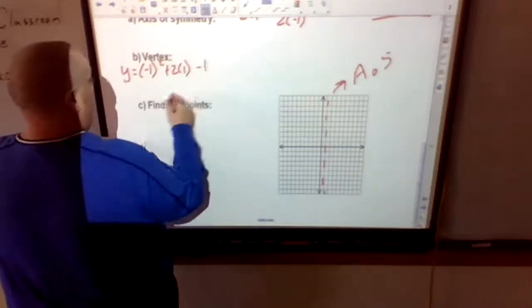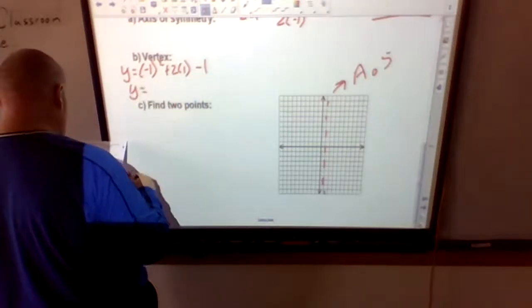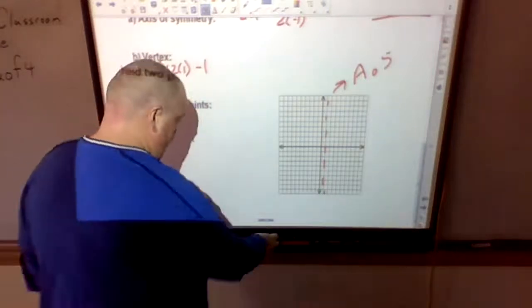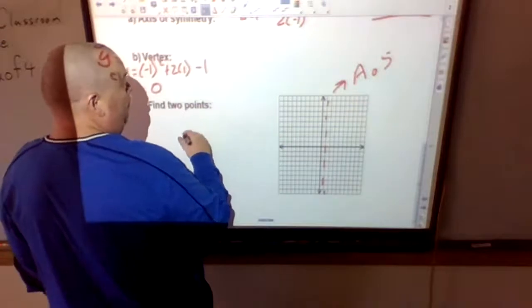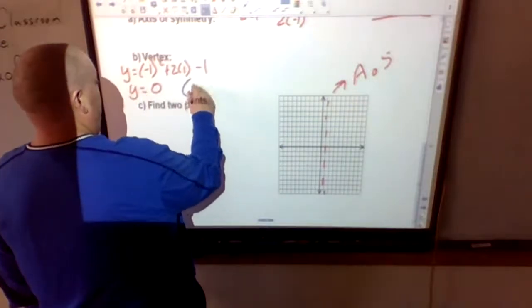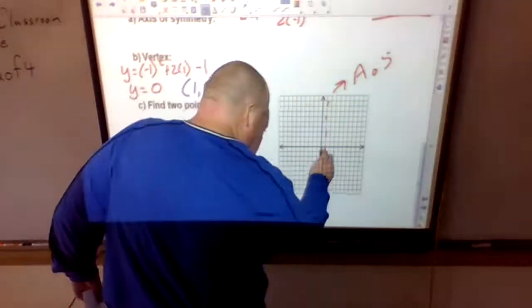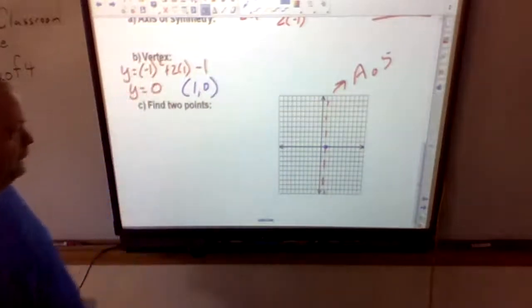So if we plug this into our calculator, y is 0. So let's plot that point: 1 comma 0 is right there. That's going to be our vertex.